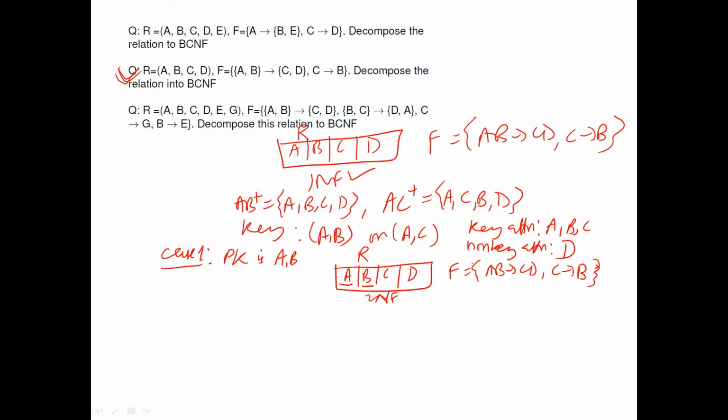How to check? You see, AB to D depends on the whole key, and C to B, the right hand side is a key attribute. This is a key attribute, and this depends upon C. C is also a key attribute. So is it present in 2NF?